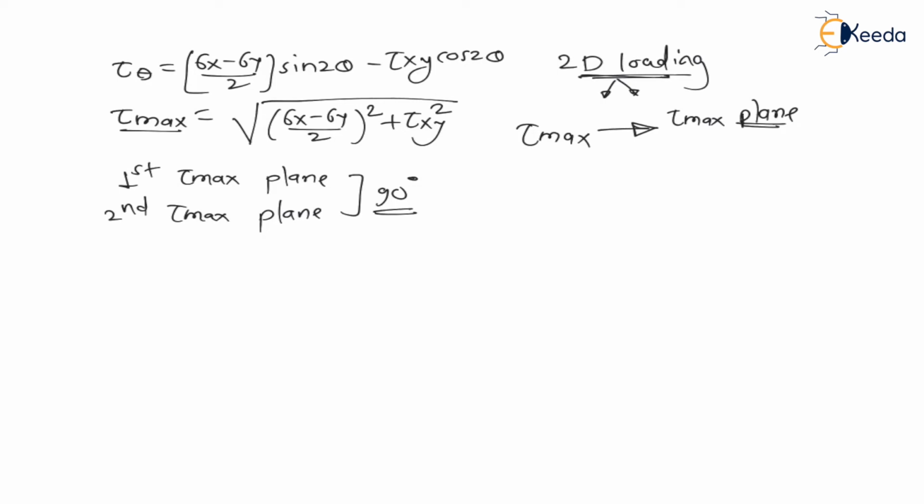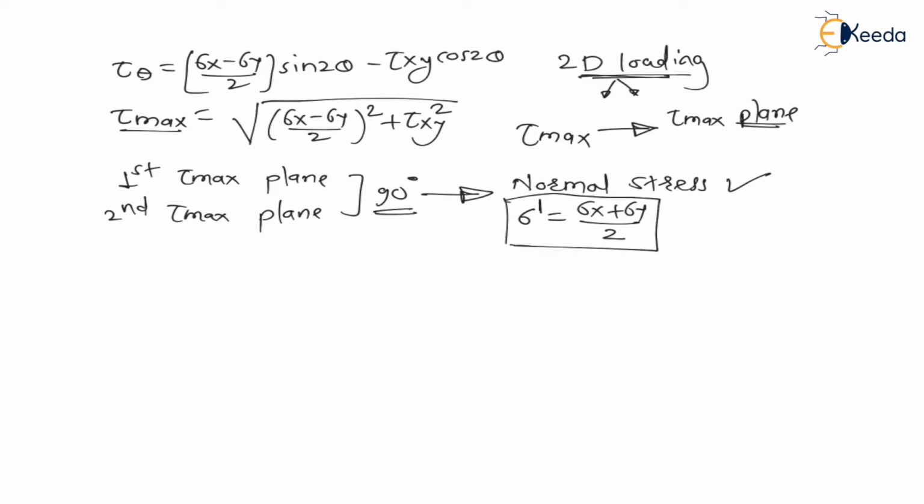Now on both tau max planes, normal stress is also acting, and the magnitude of this normal stress, sigma dash, is equal to (sigma x plus sigma y)/2.